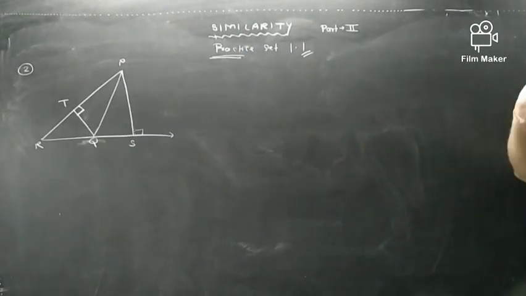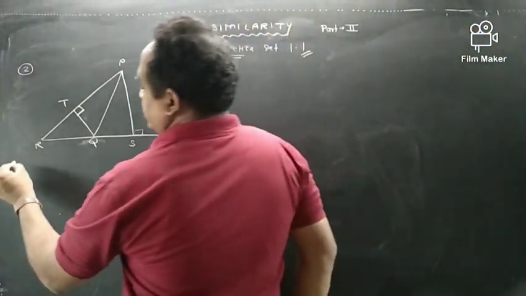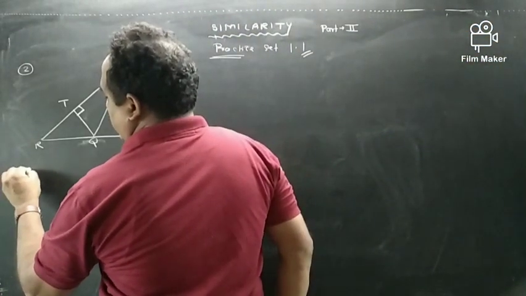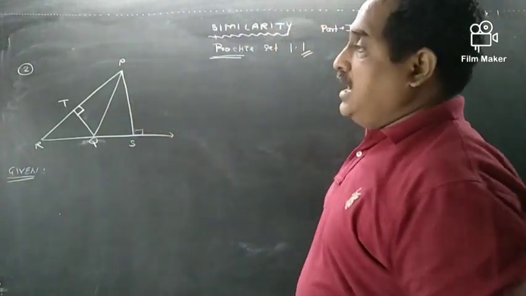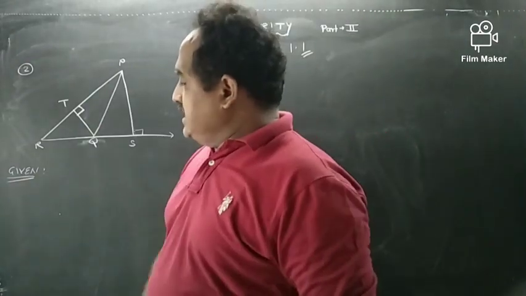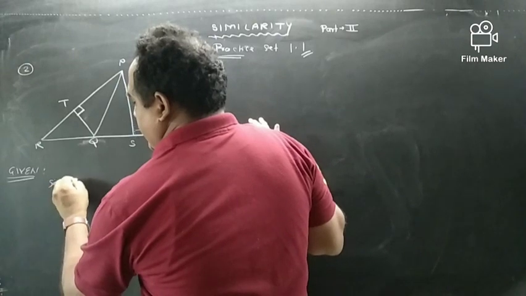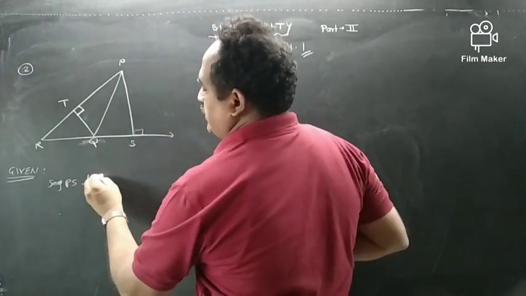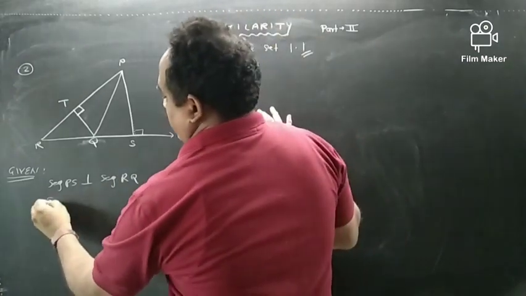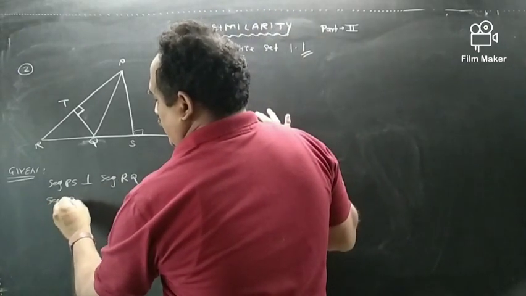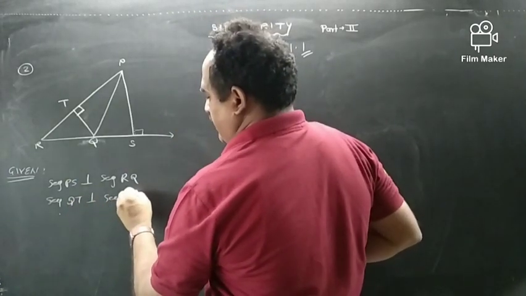Now this is the second question they have given. This is a figure given in the textbook. For this, again we are going to draw the figure and we are going to write given. What is given over here? Segment PS is perpendicular to segment RQ and segment QT is perpendicular to segment PR.